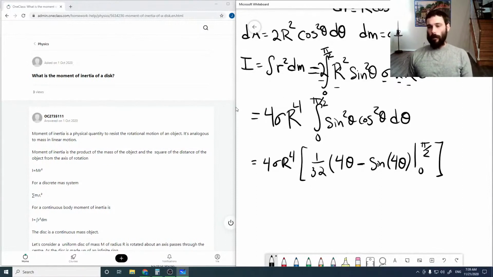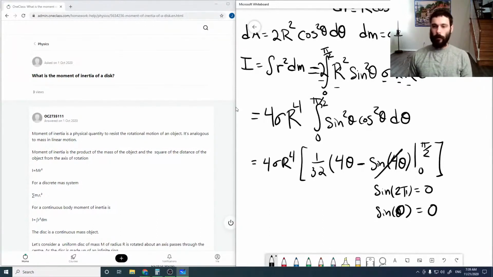And now if we look at this expression, we can simplify without really doing too much math here. So 4 times pi over 2 is 2 pi. So sine of 2 pi is 0. Also at the other end, sine of 0 is 0. So that means this quantity here is going to be 0 at both limits, so we don't even need to worry about it.